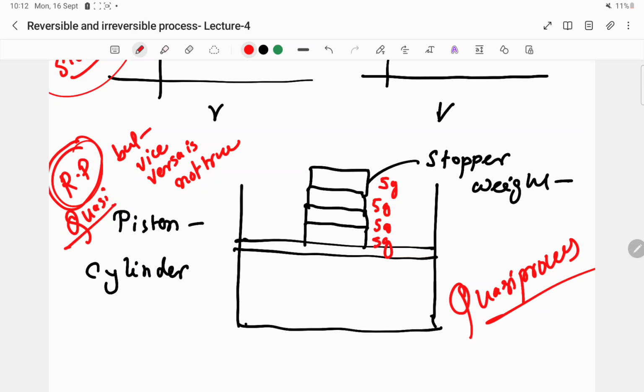We can understand this with the piston cylinder arrangement where we are giving stopper weights or dead weights of 5 gram each, total 20 grams. If we go on adding or removing, depending on whether the piston is moving up or down, this is a very slow process, and by this we are trying to understand the quasi-static process.